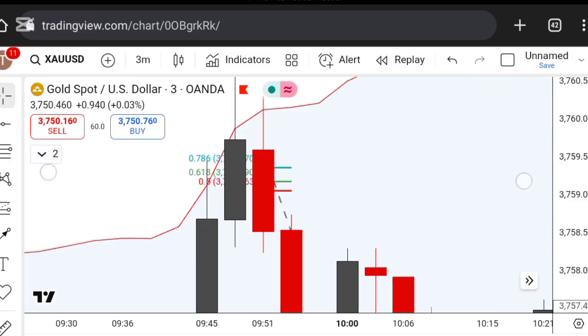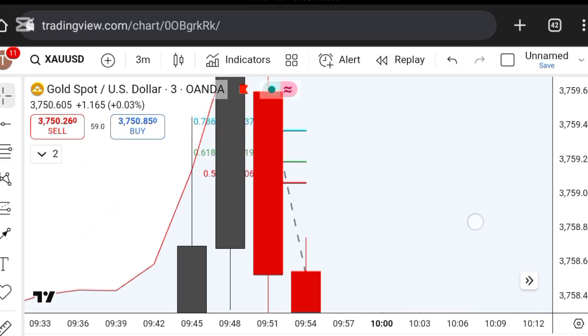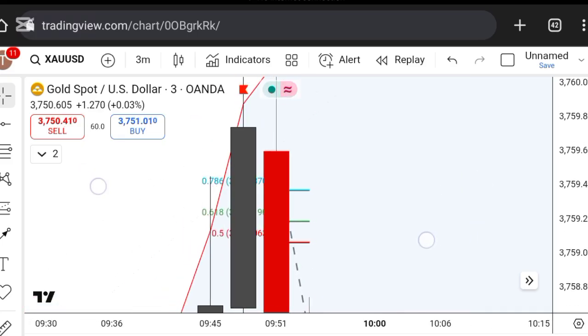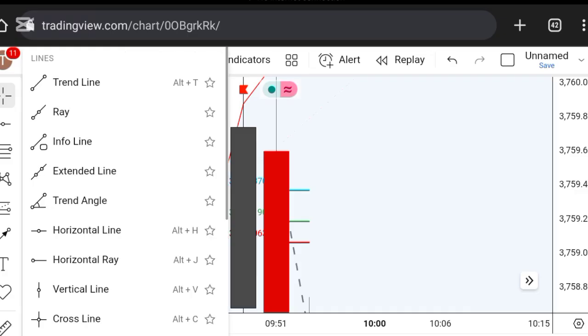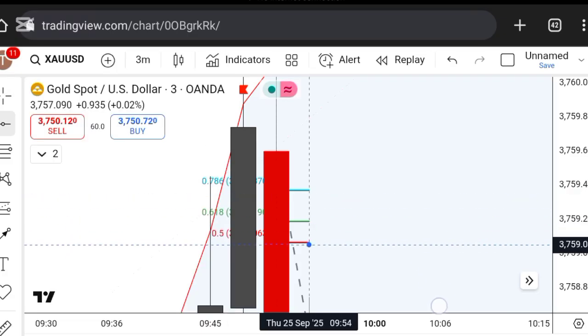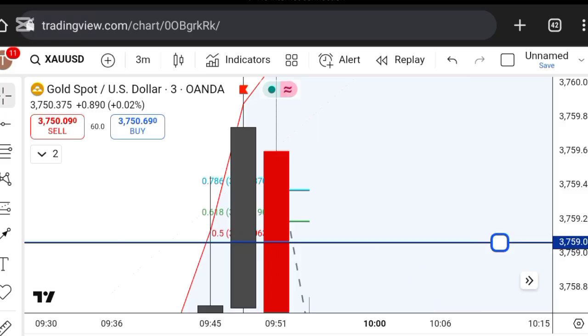Then the 50%, which is the 0.5 fib retracement level, will be my entry. I'll mark it out, which is this red line here.